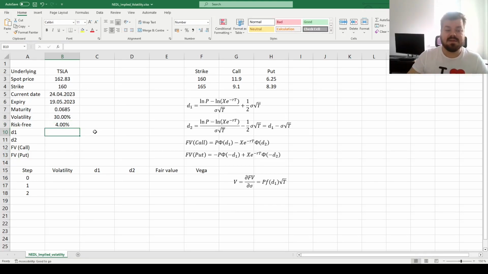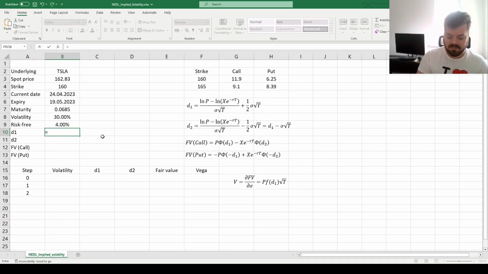Then we can calculate D1 and D2, as in usual Black-Scholes, using all of the data that we know and the guess of our volatility level. So for D1, we need to figure out the natural logarithm of the current spot price of the underlying, subtract the discounted strike price, so strike price times the exponent of minus the risk-free rate times maturity in years. That's the numerator.